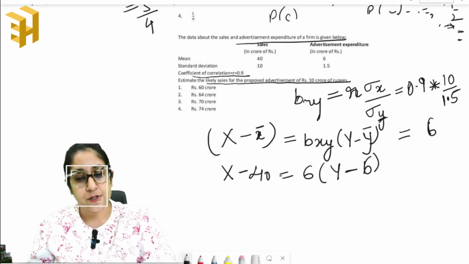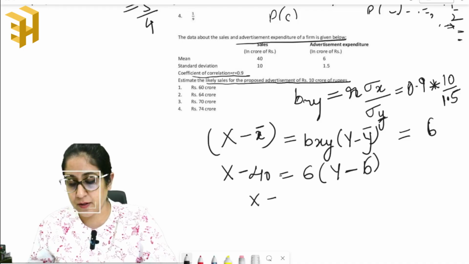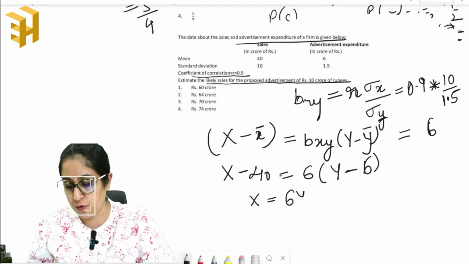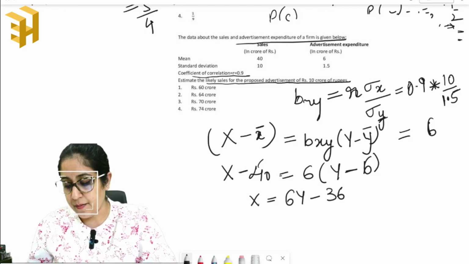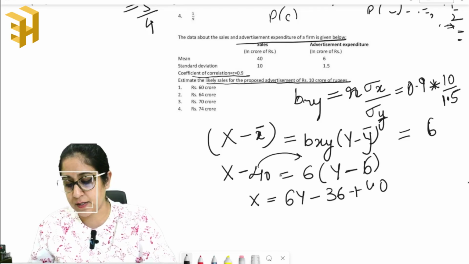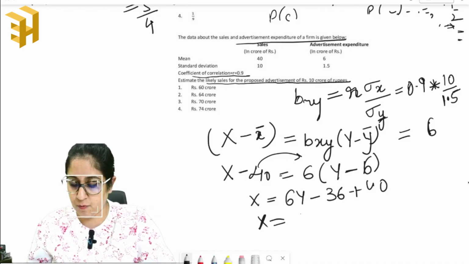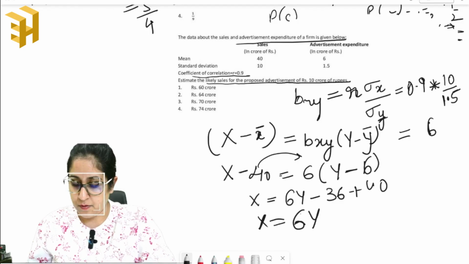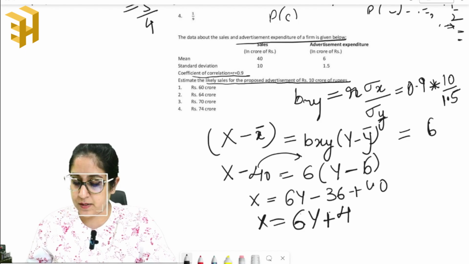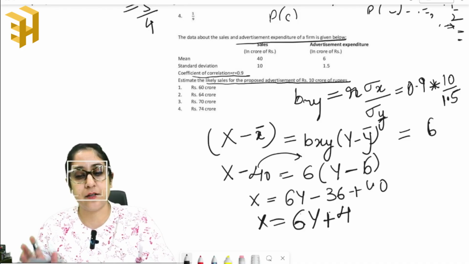Solving this we get X is equal to 6Y minus 36, and taking 40 on the other side we get plus 40, right? So X equals 6Y minus 36 plus 40. That's the final equation.